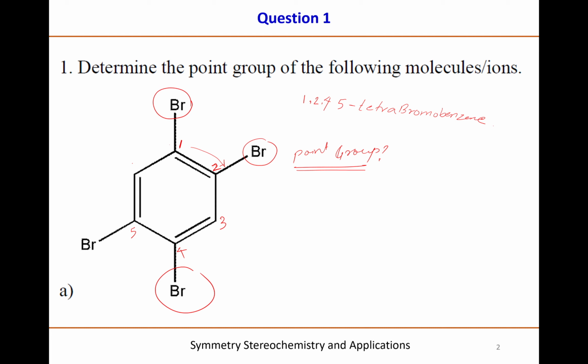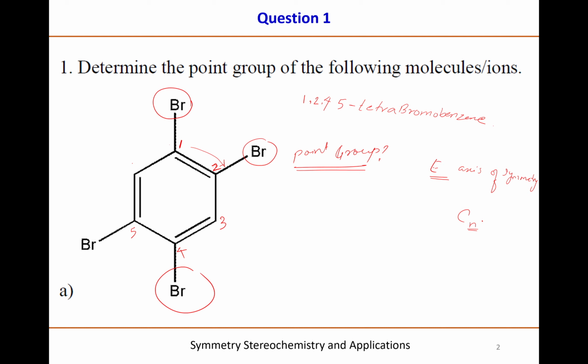There are various symmetry operations. Like E denotes the identity, where you don't have to do anything to the molecule, so that comes under the E symmetry operation. Then the axis of symmetry, which is denoted by Cn, where n is the number of rotations.